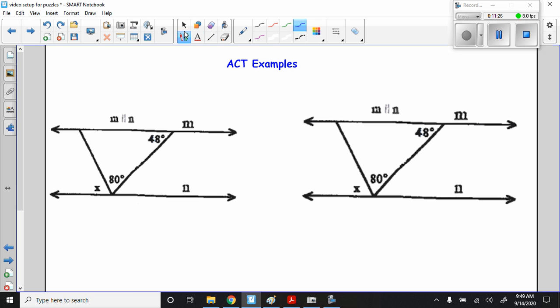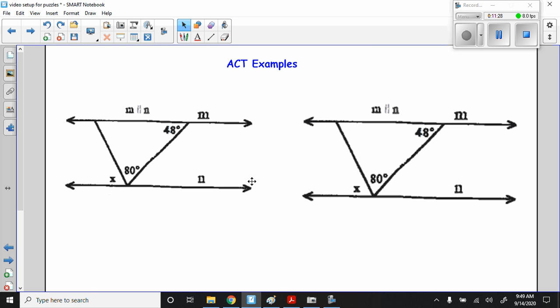So here's some ACT examples. It wants to find angle X. It tells us lines M and N are parallel. So I'm going to solve this two ways. Here's one way: this is a transversal, but it's cut off at the parallel line.